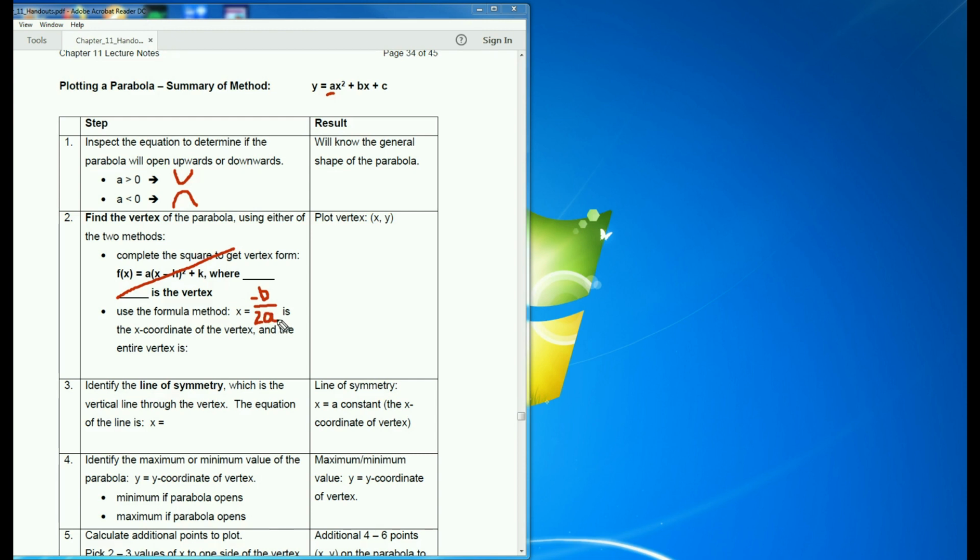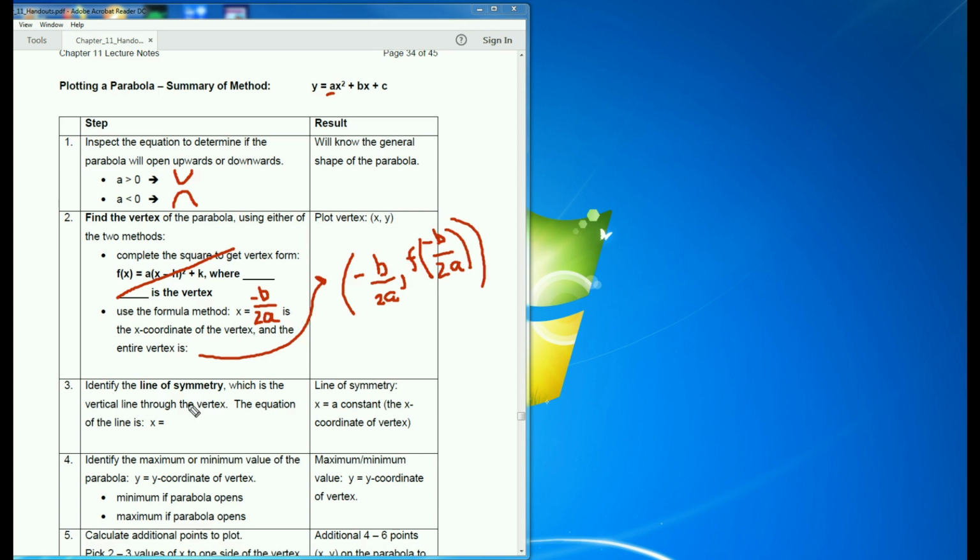And then the entire vertex is, I don't have room, I'm going to do it over here, negative b over 2a, and then f of negative b over 2a. It's just the y value that you get when you plug x in. So we know the vertex now, so you can go ahead and plot that.